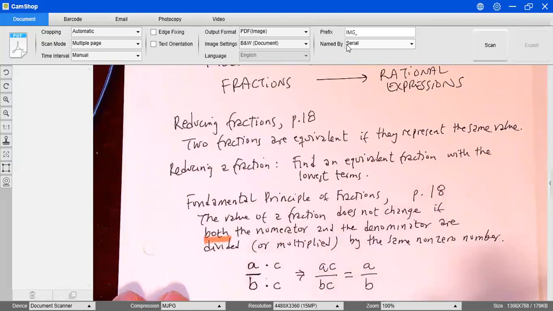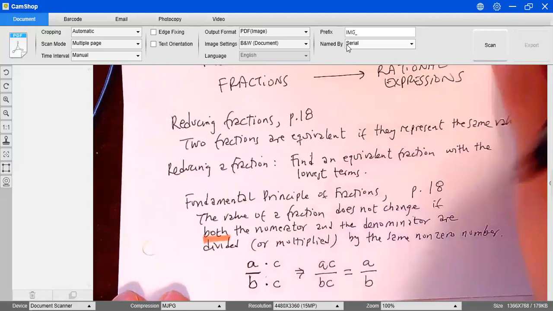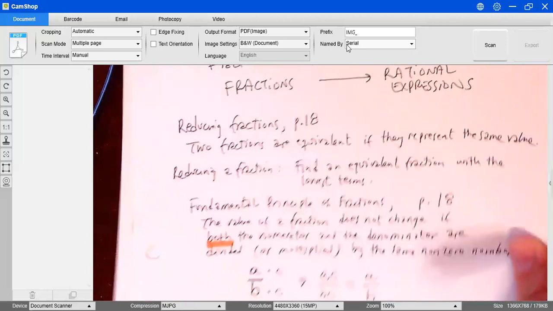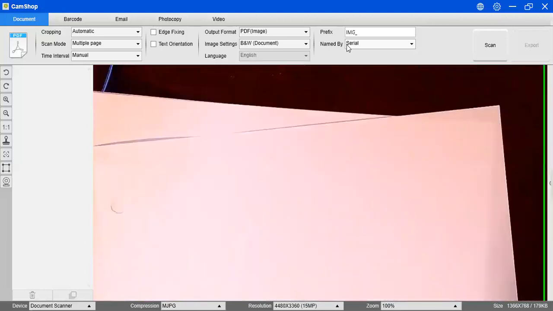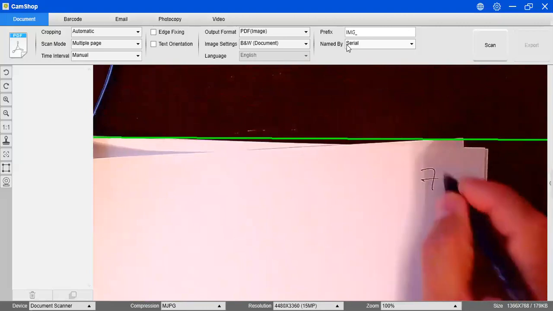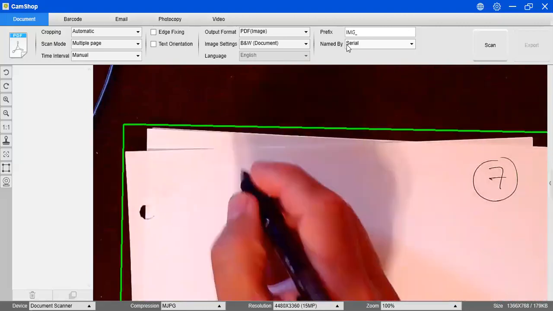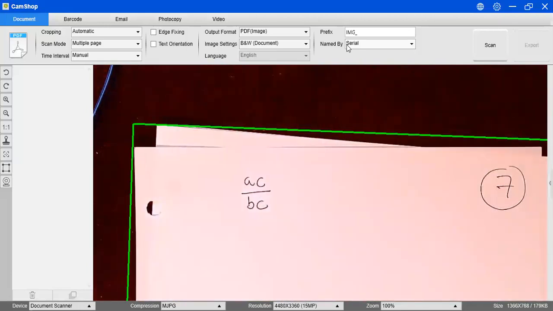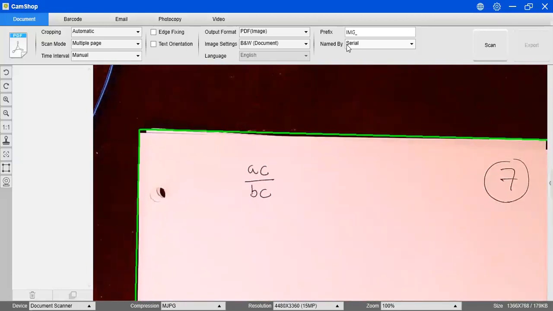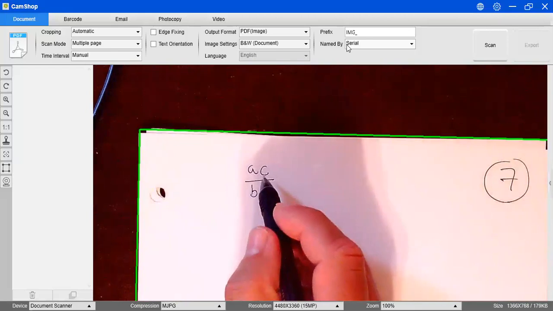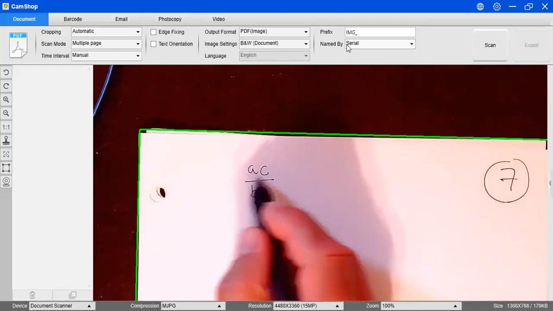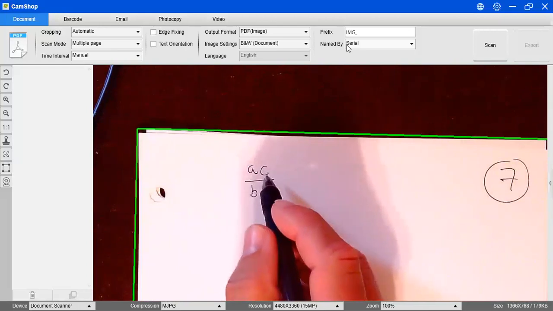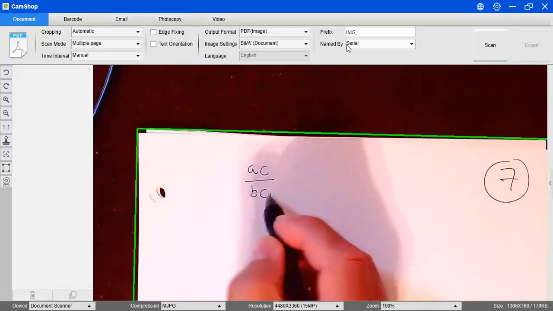So that's the principle, and it applies the other way too. You can write now AC over BC, and now you want to simplify this fraction, and you see that the numerator and the denominator have a common factor. So C is a common factor.